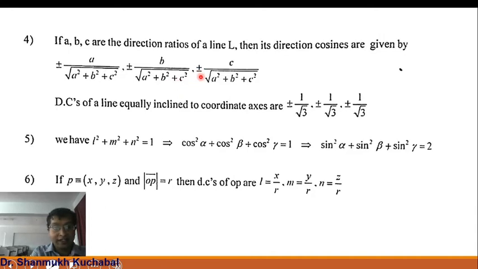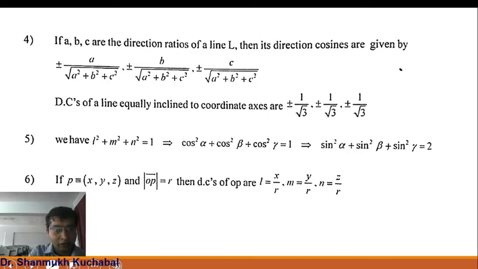Similarly, plus or minus C under the square root of A square plus B square plus C square. Very easy to remember: the corresponding direction ratio divided by the magnitude, along with a plus or minus sign. So this is the expression.